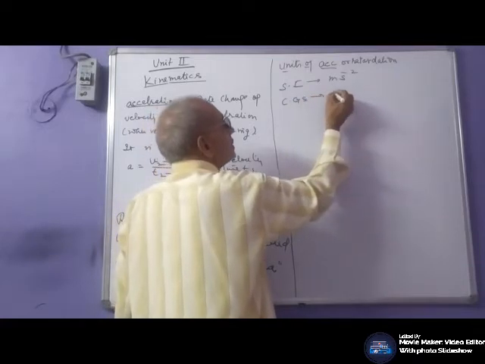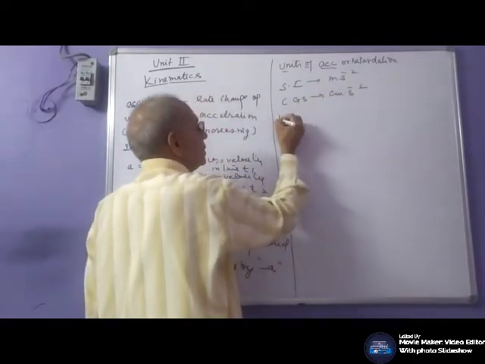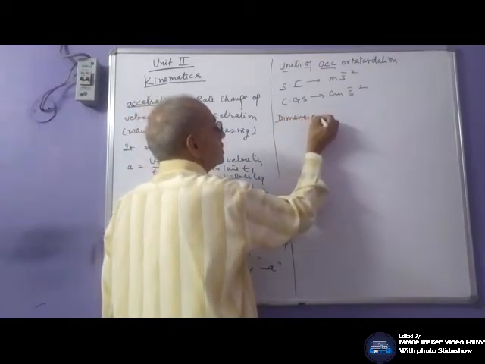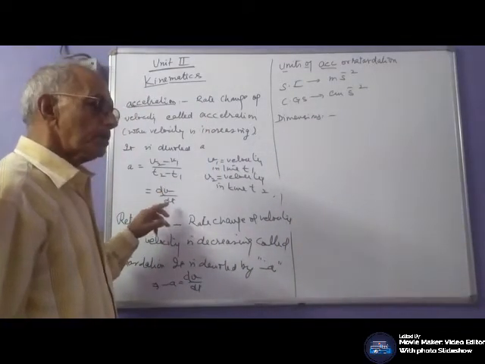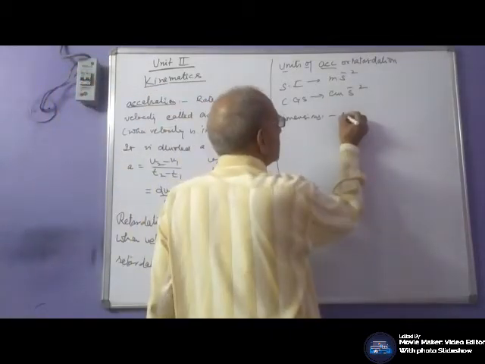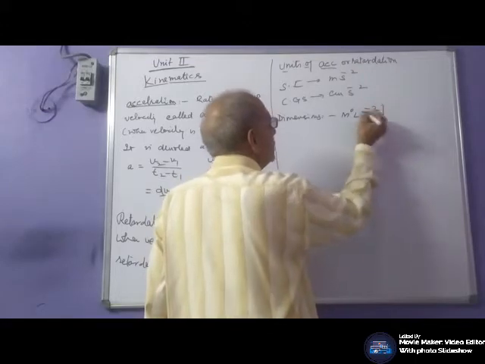CGS: centimeter per second square. Dimensions: V by T, S by T square, so S by T square is the dimensions.